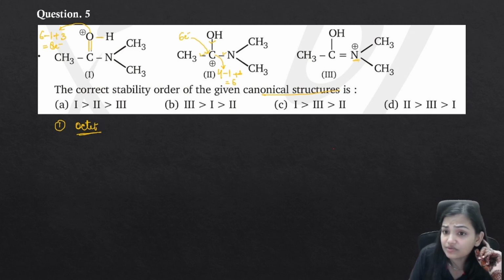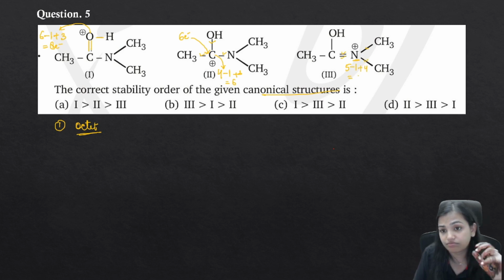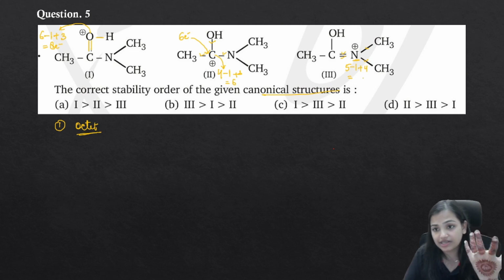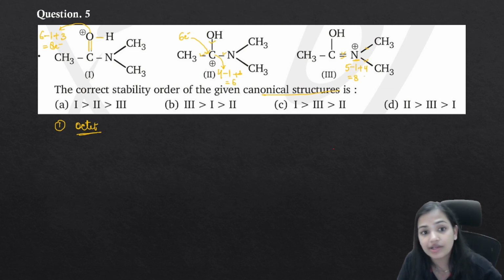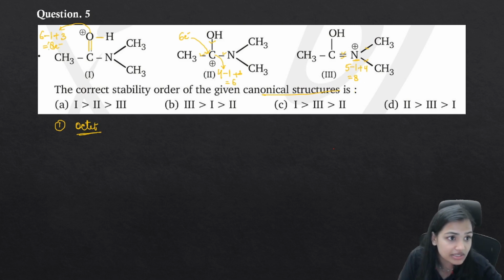Nitrogen, just have a look at the nitrogen. Nitrogen has 5 valence shell electrons, minus 1 because of the positive charge, forming 1, 2, 3, 4 bonds. This means we will get 4 more electrons from the sharing of electrons. So this is 4 and 4, 8. So overall, what I found is that the octet is complete in the first and third, but in the second it is 6.